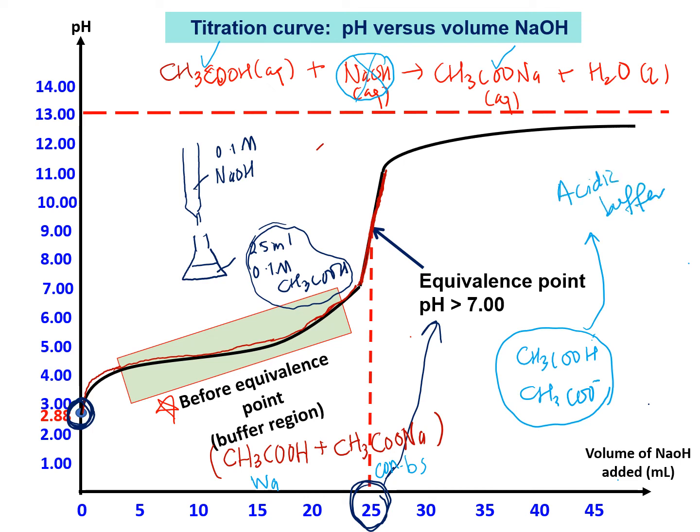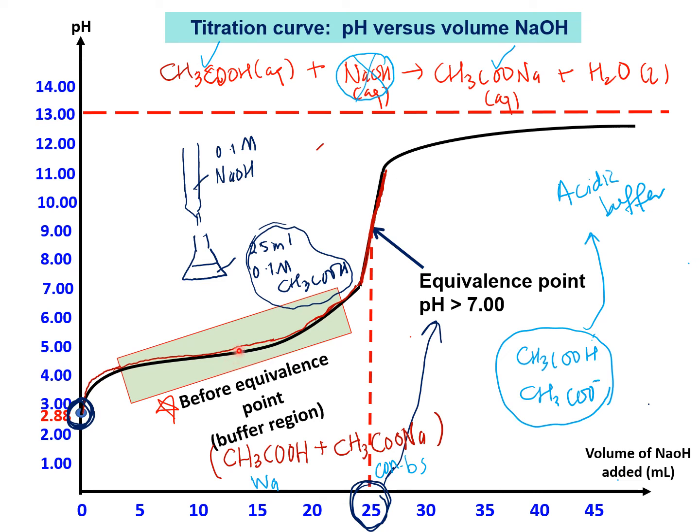So bila ada acidic buffer, awak ingat balik apa definition acid buffer? A solution that can maintain its pH when small amount of strong acid or strong base is added. Okay, sebab tu pada kita punya graph dekat sini, here dekat kawasan ni, dia punya pH macam tak berapa nak naik sangat. Sebab apa?